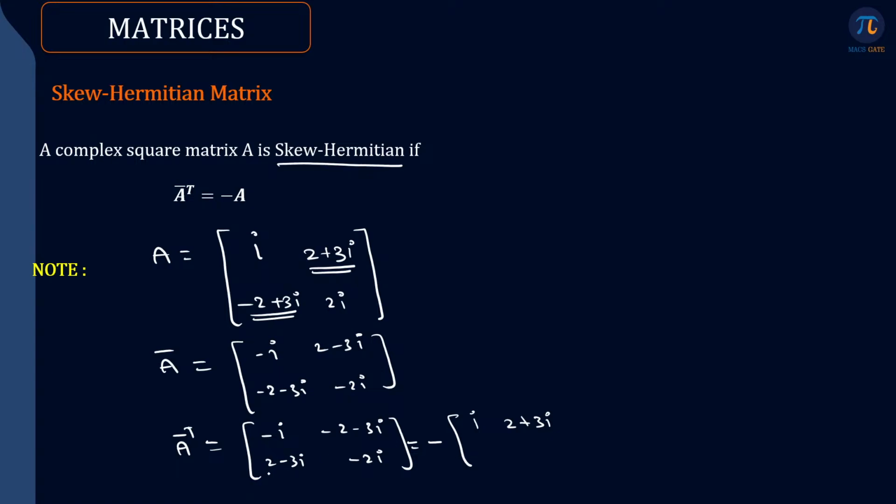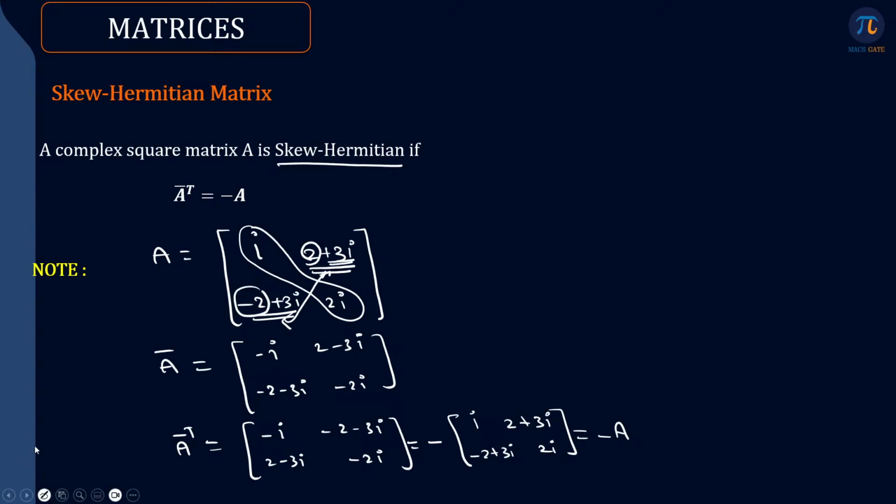If you take i common, it becomes minus 2 plus 3i, and it becomes 2i, which is nothing but minus A. So please note, the main diagonals can be pure imaginary numbers, and these two fellows are minus conjugates. That is, the real part sign is different, the imaginary part sign is the same. That is how we can easily create skew Hermitian matrices, my dear friends. Please note that point. That is very, very important.